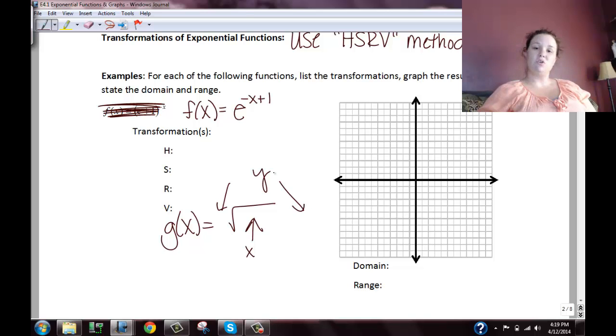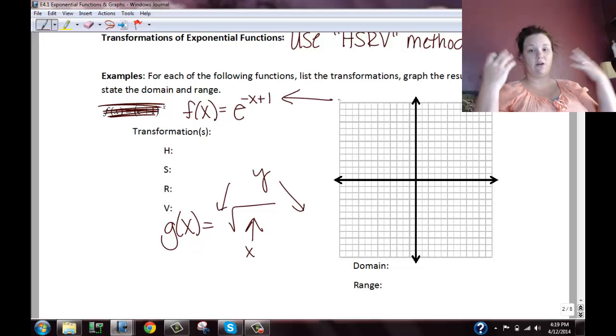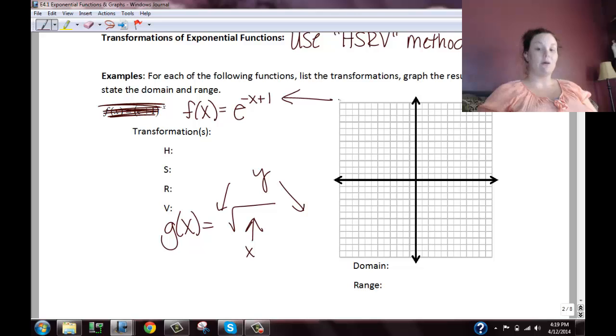The same thing is true with exponentials, but now notice where x is. x is up here in the exponent. So now our quick reference, or our shortcut in our brain, should be, whatever's happening in the exponent is happening to the x. Anything happening outside of the exponent happens to the y.